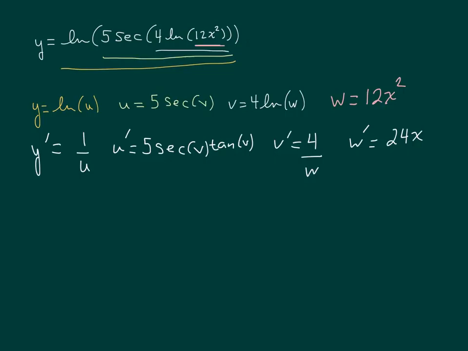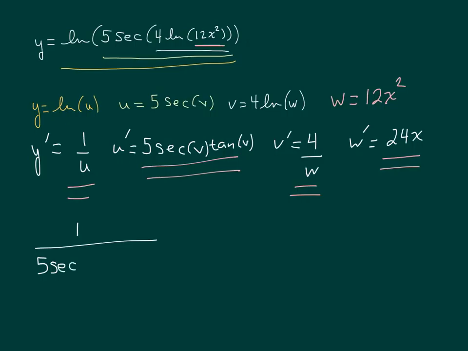So the chain rule says take all of these pieces and multiply them. Well, as I'm going to do that, I'm going to start substituting things back. So the first one is 1 over u, and u is 5 secant v, where v is 4 ln of w, and w is 12x squared.